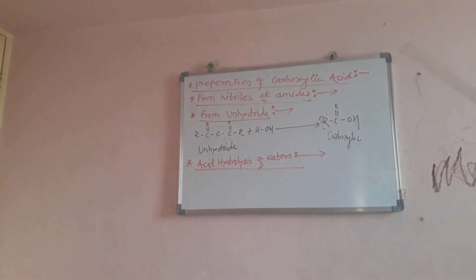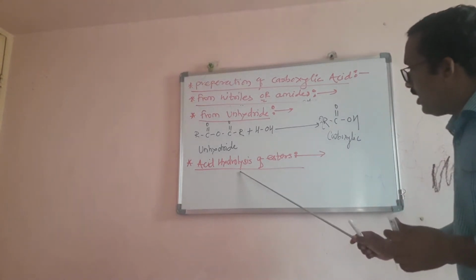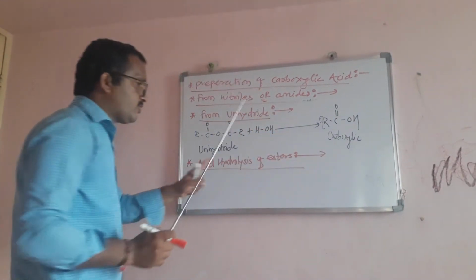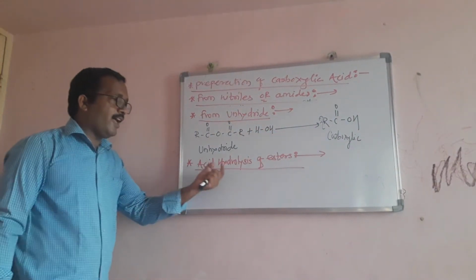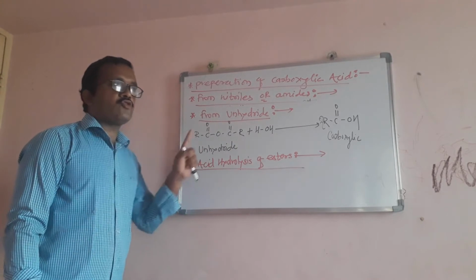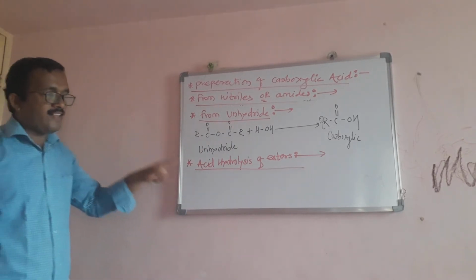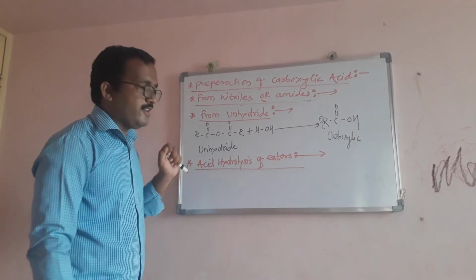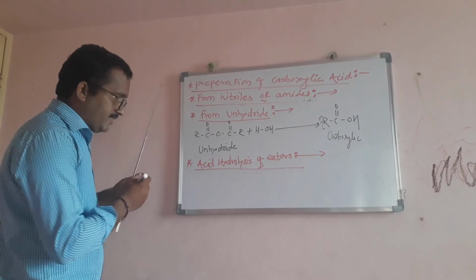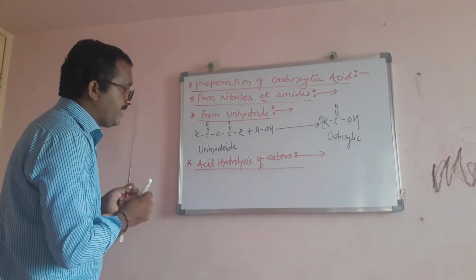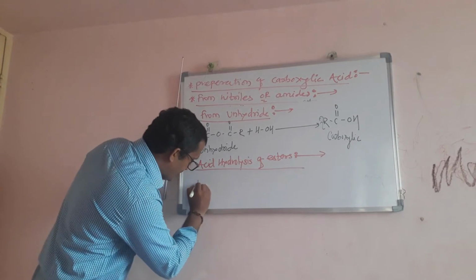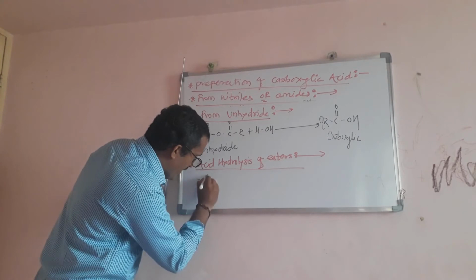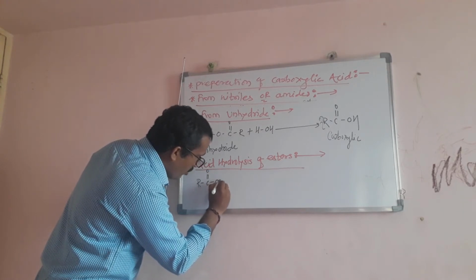Next method of preparation of carboxylic acid is from the acid hydrolysis of esters. When esters undergo hydrolysis in the presence of mineral acids like HCl or H2SO4, they give the corresponding carboxylic acid. The general reaction: the ester is represented by RC double bond O R dash.